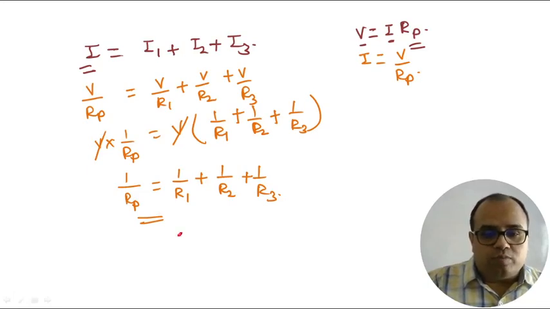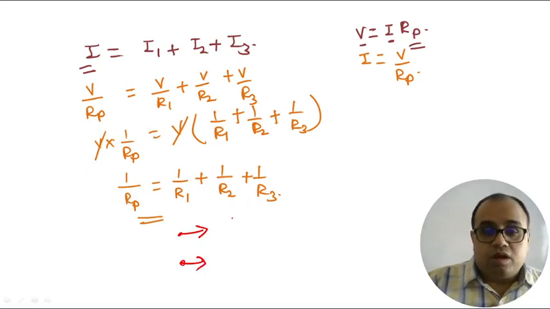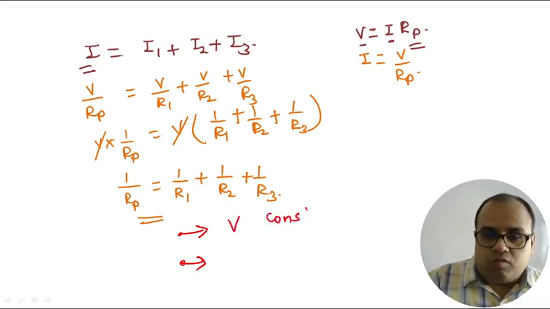Now there are two important points here also. In parallel combination of resistors, what remains constant? Potential V remains constant. And secondly, what gets divided?